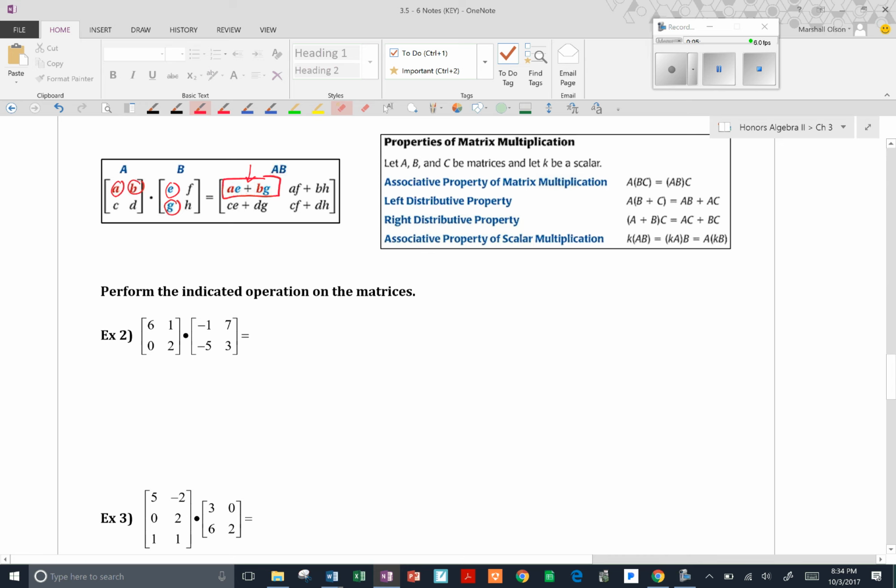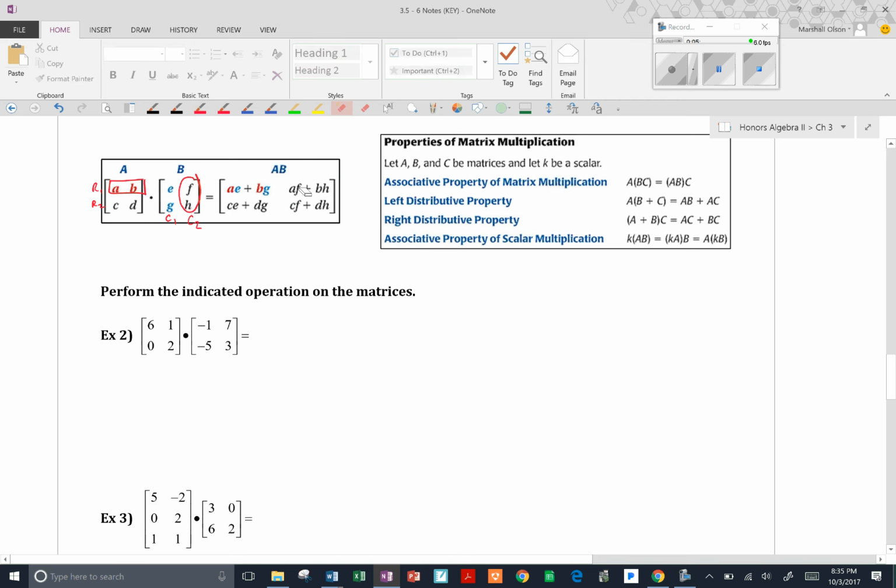All right, so the other thing I'd like to point out here is this is row 1 and row 2 of that first matrix. This is column 1 and column 2 of that second matrix. When we take row 1 times column 2, that's going to give us the row 1 column 2 spot in that matrix.